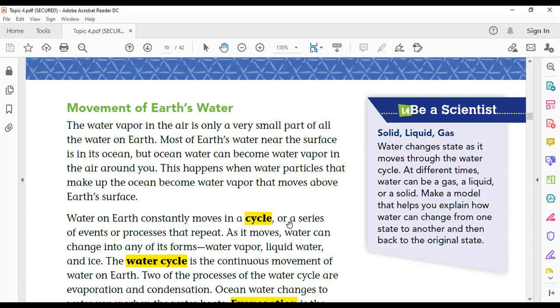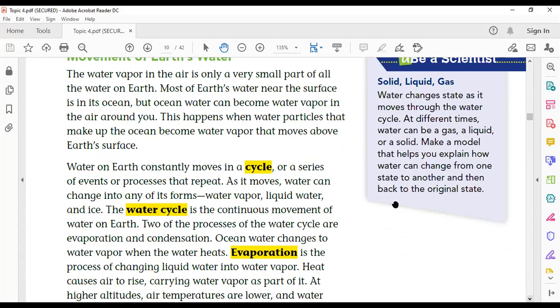What is a cycle? In general, a cycle is a series of events or processes that repeat. For example, when we say plant life cycle or animal life cycle, it is a series of events or processes that repeat.